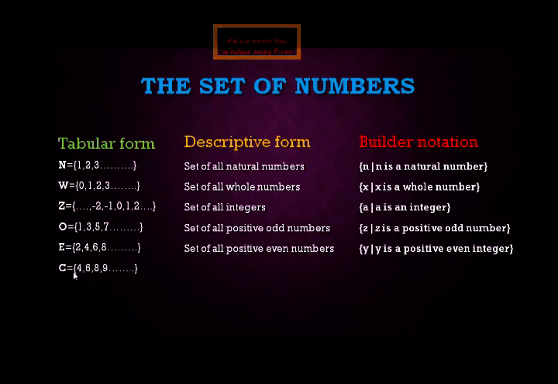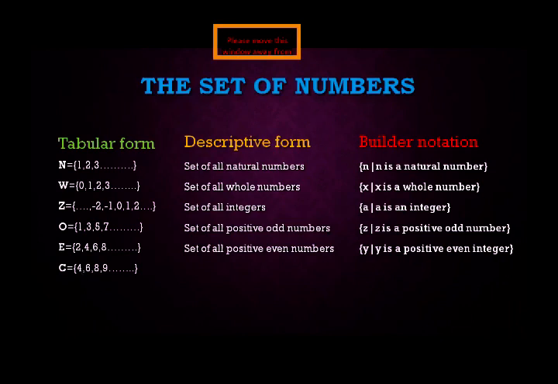Now C equals to {4, 6, 8, 9}. C represents composite numbers. Composite numbers mean those numbers which have more than two multiples, like 4. 4 has more than two multiples. How? The multiples of 4 are 1, 2 and itself, 4.